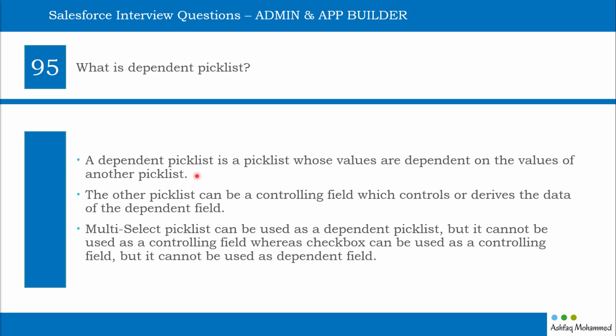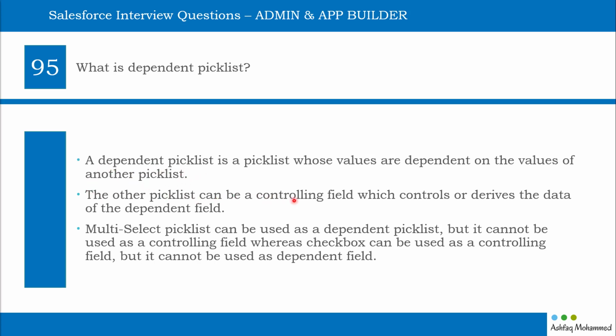I cannot show London when I'm selecting the country as USA. For UK, yes, London. And for Australia, I can show cities like Sydney, Melbourne, Brisbane, etc. So the city field is dependent on the country field. That is nothing but the dependent pick list.